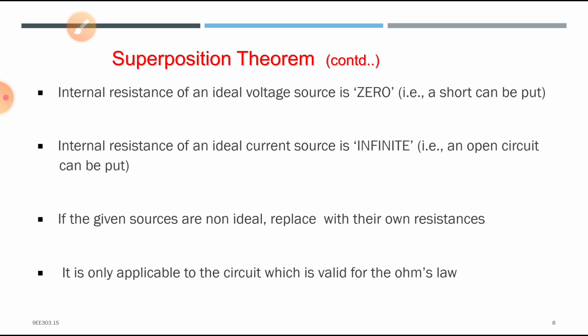That is linearity. So we can apply the superposition theorem. Friends, you have to remember this: the superposition theorem can be applied only for linear circuits. Let us explain one by one in detail. Let us take one simple circuit, where it has two sources, V1 and V2.